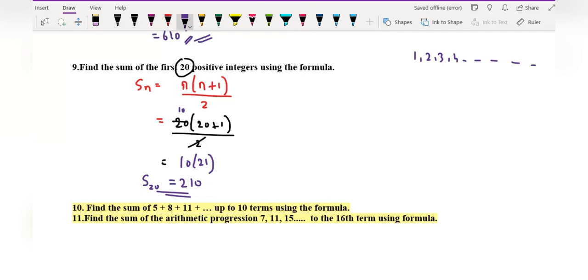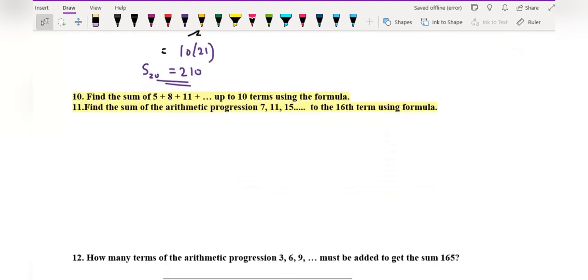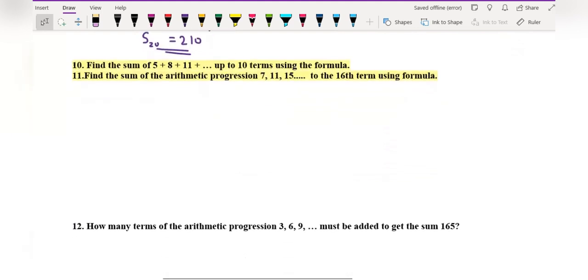As you can see, the 10th question and the 11th question have been marked the same color because both are of the same kind. So out of the two, I'll be solving one and one is for you all. As you can see in both the questions, they gave the AP series and they are asking for a particular term, the 10th term and the 16th term. So I'll be solving 11.